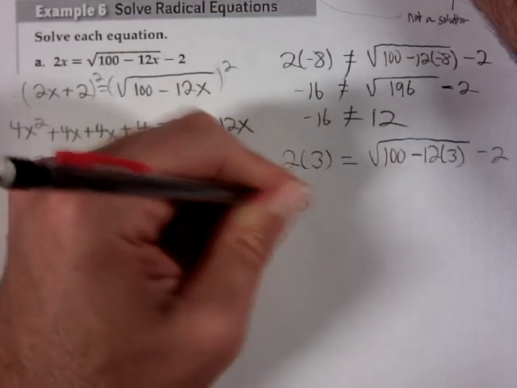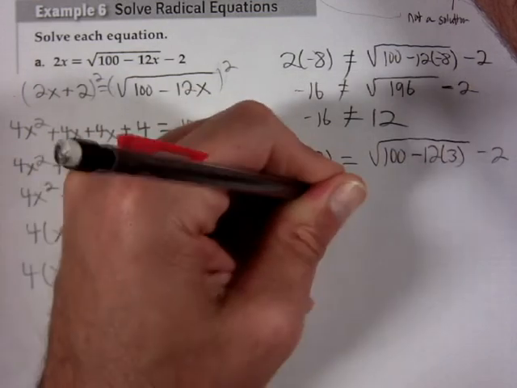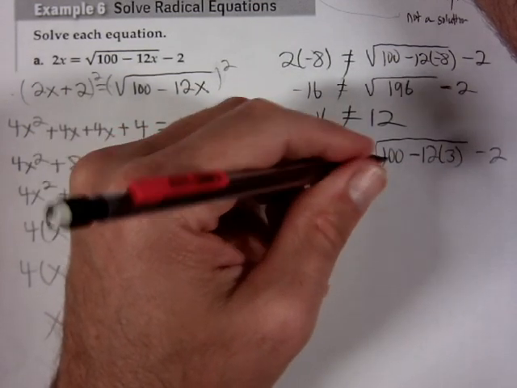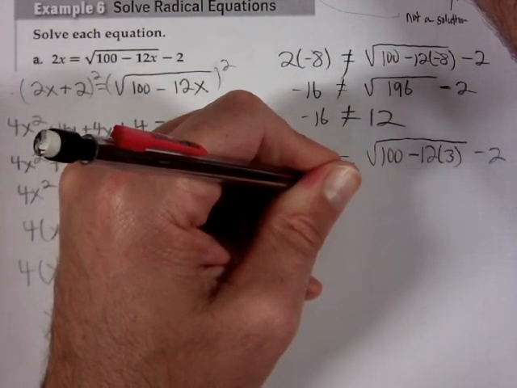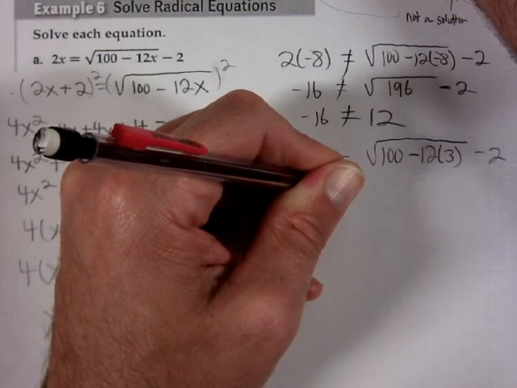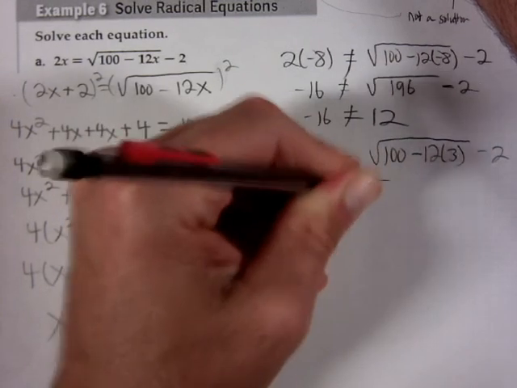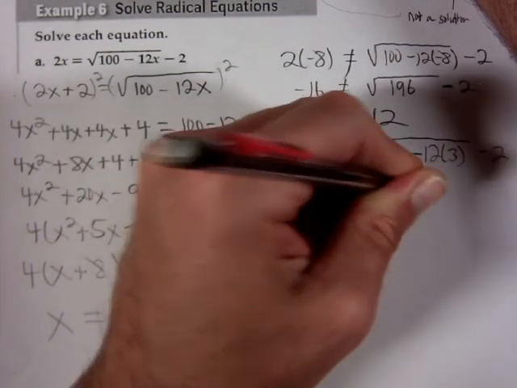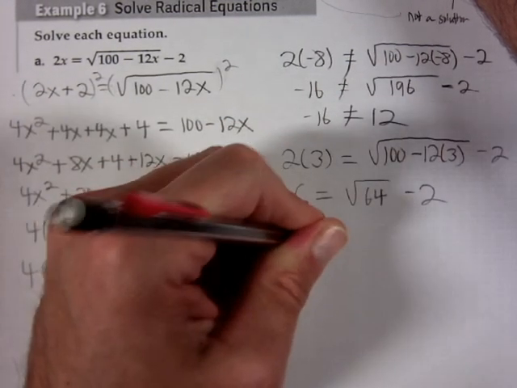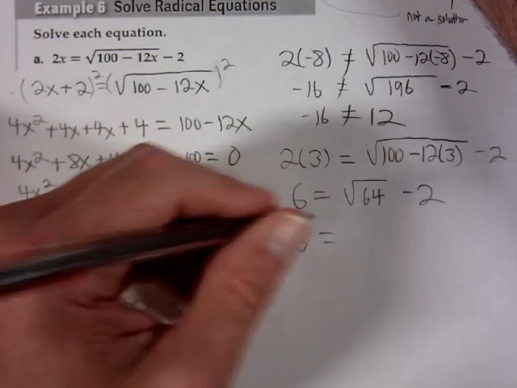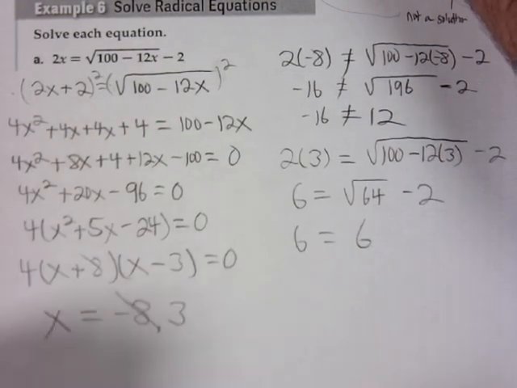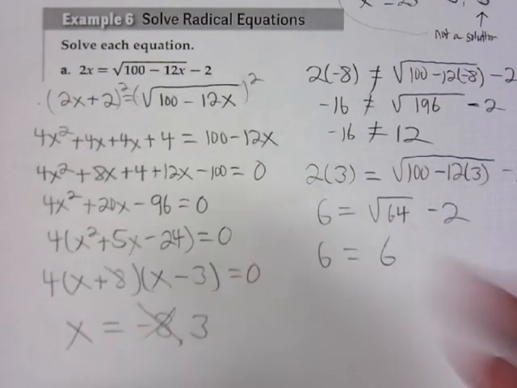That'd be 6 is equal to, that's 100 minus 36, so that'd be the square root of 64 minus 2. 6 is equal to 8 minus 2, which is 6, and that is a solution. All right? So 3 is your only solution to this equation. Okay? 3 is the only solution.